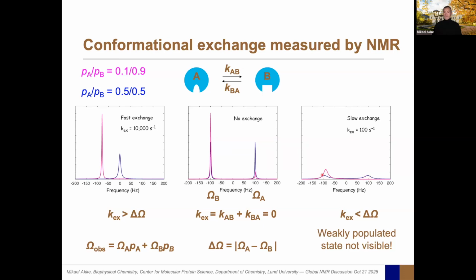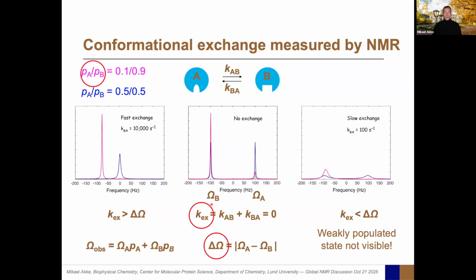But it turns out that the line width of the detected state actually includes information about the presence of this state. So by measuring the line width here, or what we actually do, we measure relaxation rates, and I'll cover that in the next slide, we will get information about the presence and the chemical shift and the population of this invisible state.